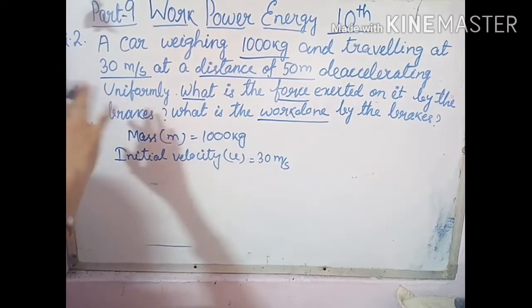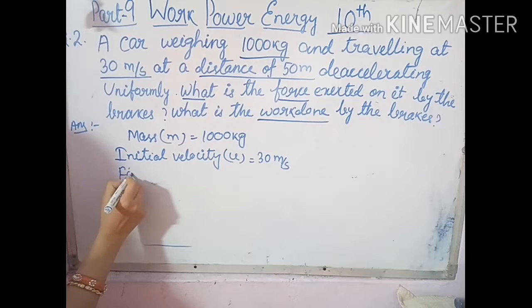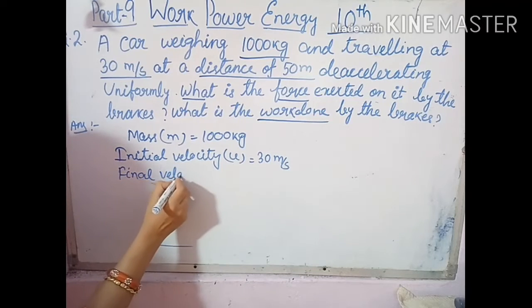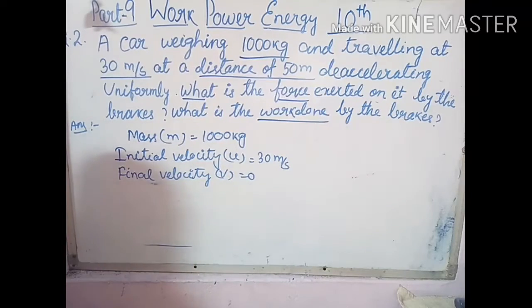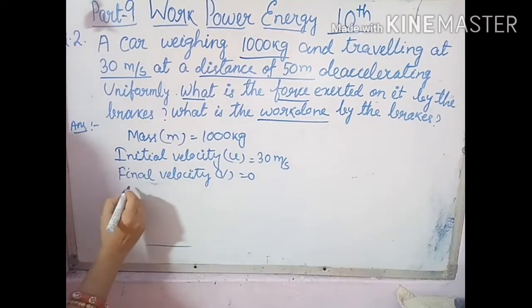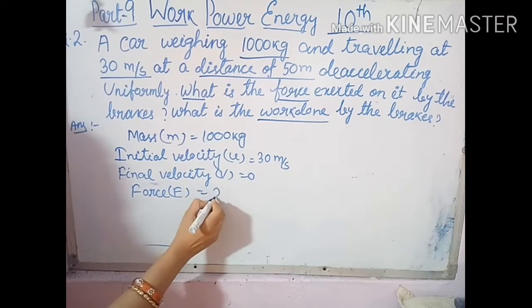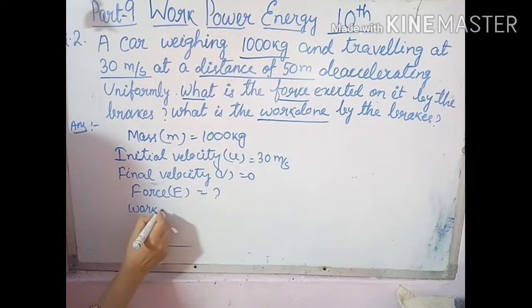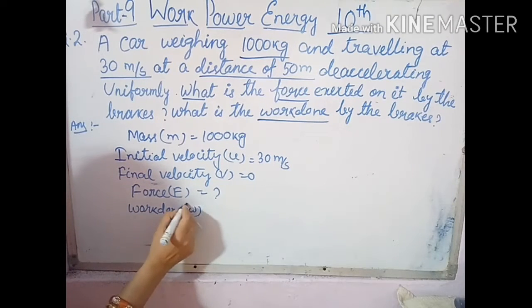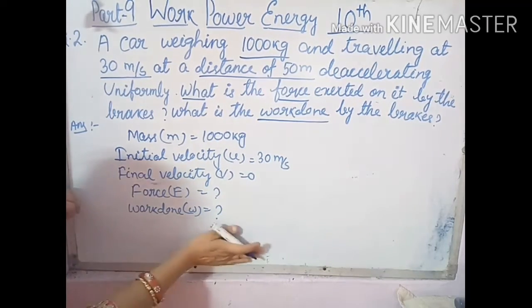Then decelerating uniformly, continuously it is decelerating, and at last it will come to rest. So directly you can put final velocity v equals 0. Then it is asking what is the force exerted, so force F is a question mark. Now again work done W is also a question mark. Now from the last only I will go.